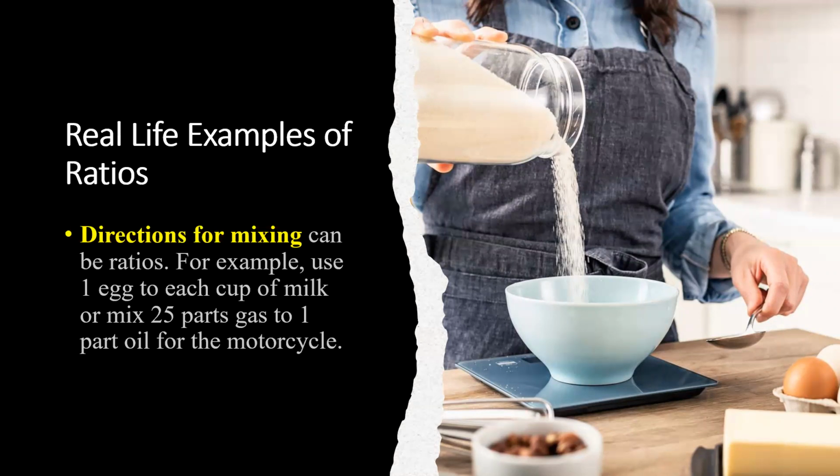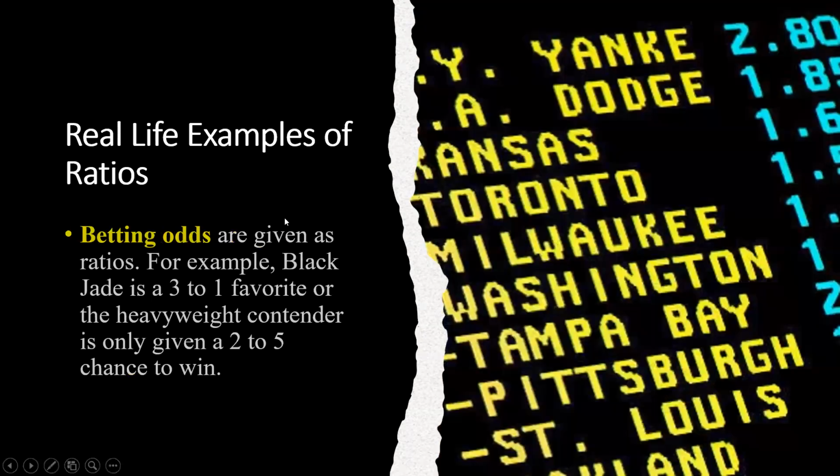Can I move on to the next slide? Yes, sir. So we use ratios for scores, directions for mixing. What else do we use ratios for? Weather measurements, okay. We also use ratios for betting odds. And betting is a big thing.